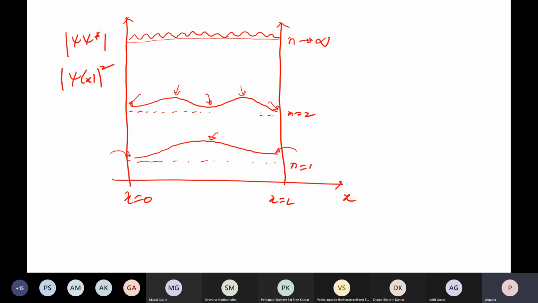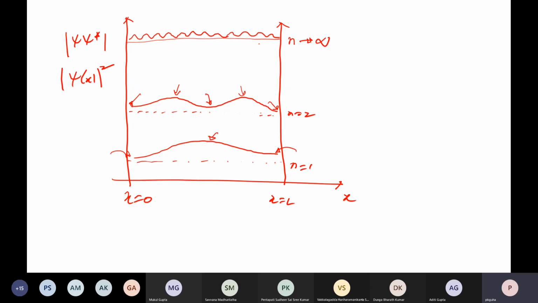So if you keep on increasing the value of n, for n tends to infinity, n is very large, you see probability of finding the particle is almost uniform between x equal to 0 and x equal to L. So as we go for higher and higher order of n, it is basically approaching the classical concept.